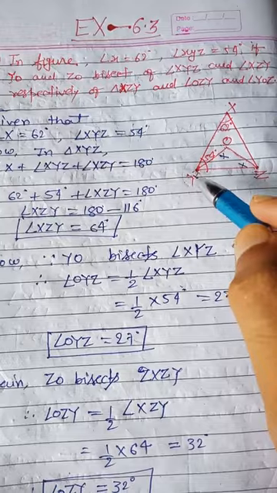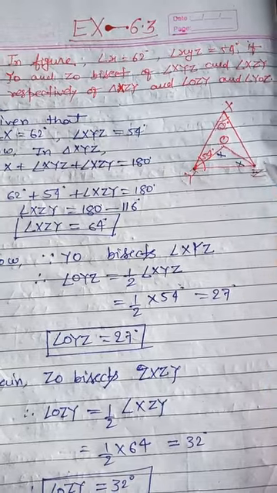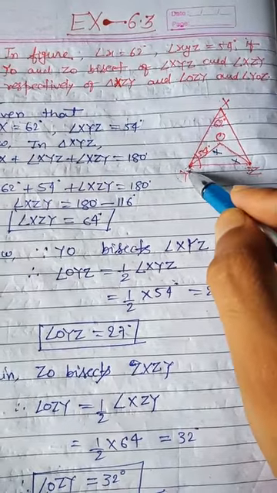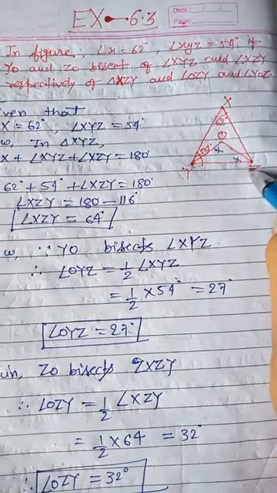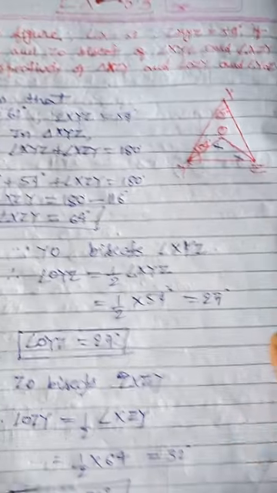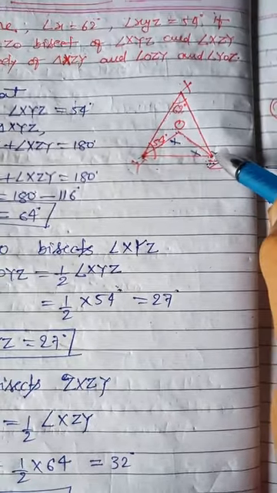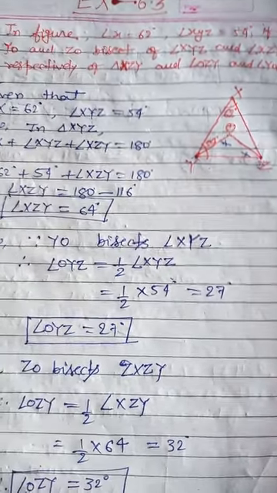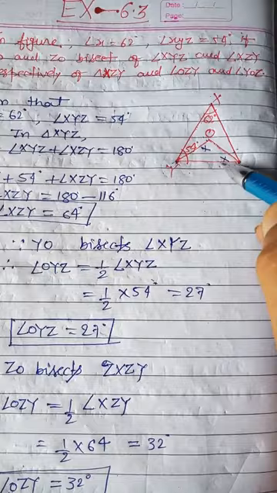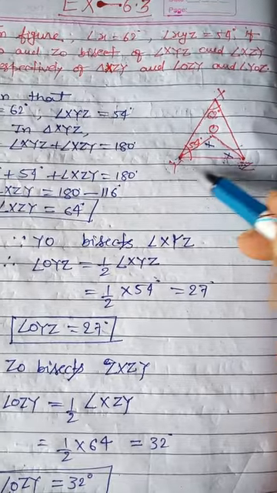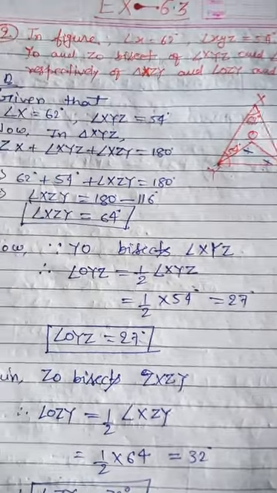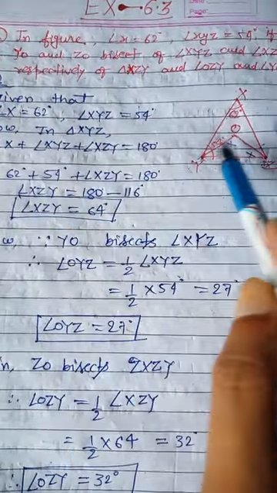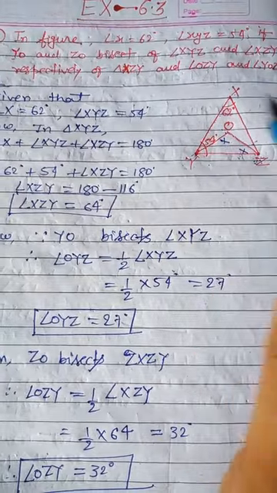Now, because angles YOZ and OZY are part of triangle YOZ, first we try to find the value of angle Z. Angle Z is part of triangle XYZ. So in triangle XYZ, the sum of all angles is 180 degrees.